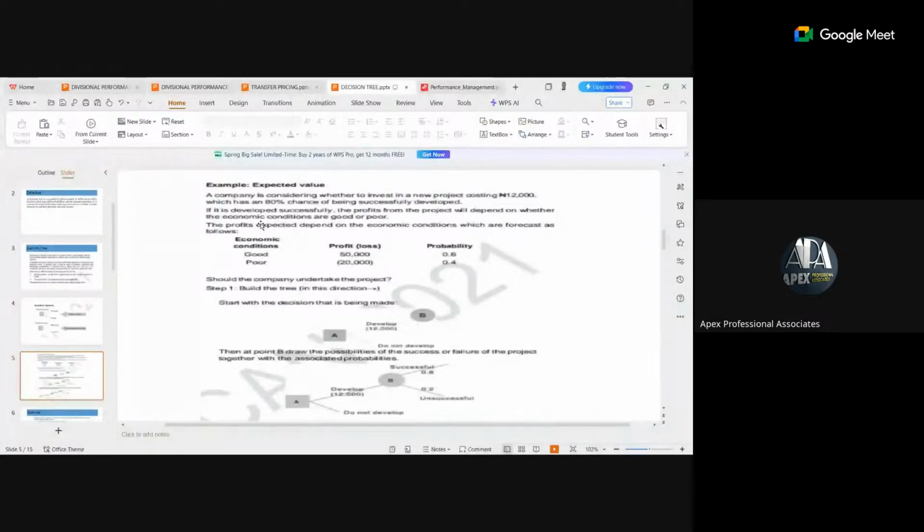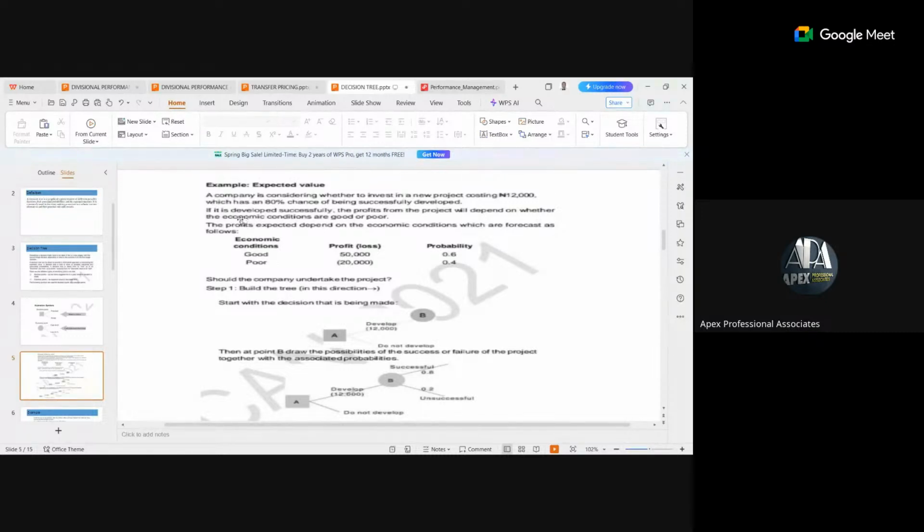So once you develop that project, there will be another choice. There will be a chance node. The decision is for you to invest, and the development can either be successful or not successful. So when you don't develop, nothing will happen.